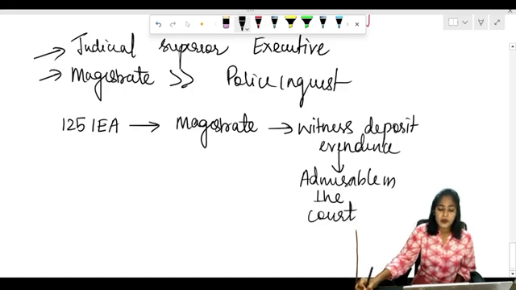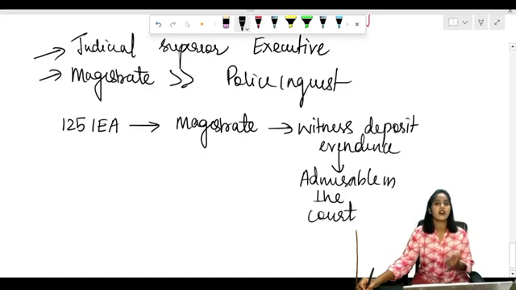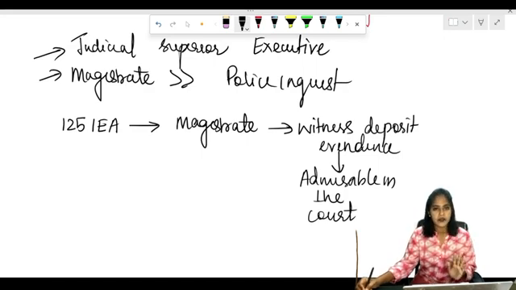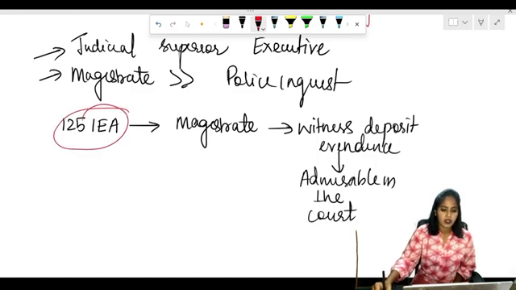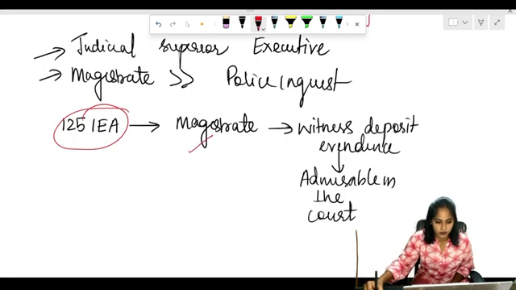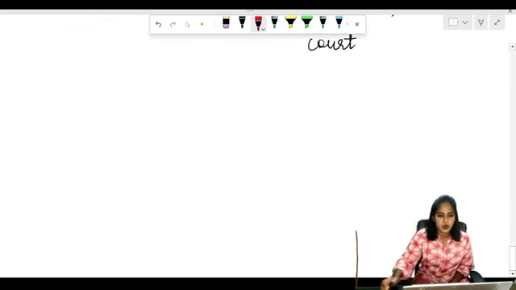Whereas those who have been recorded by the police, those witnesses' statements are not admissible in the court. So this is important. They can give their evidence in the court.